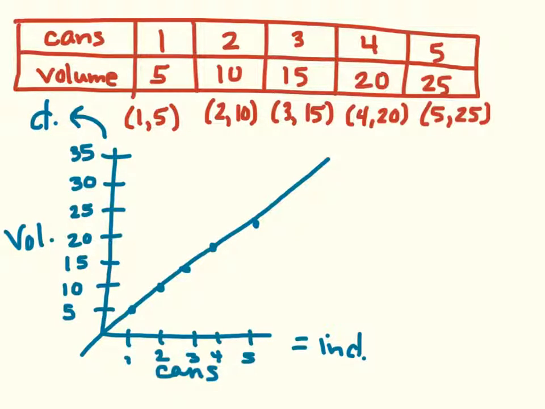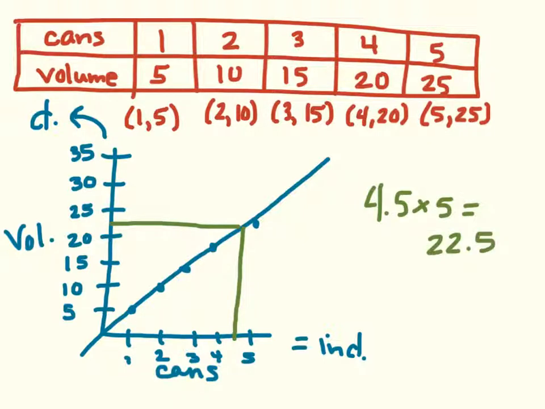For example, if we had 4.5 cans of paint, that would give us about 22.5 gallons of paint. That makes sense, right? Because 4.5 times 5 is going to equal 22.5. Okay?